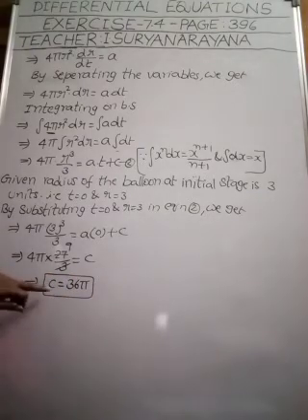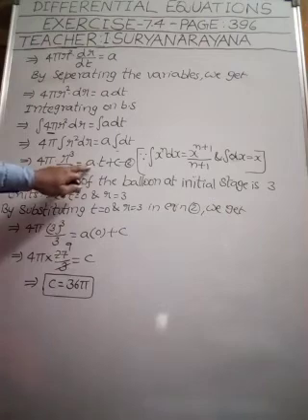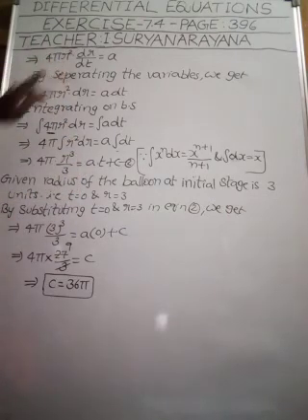Now let us substitute c is equal to 36π in the equation 2. Then we get a particular solution of this differential equation.